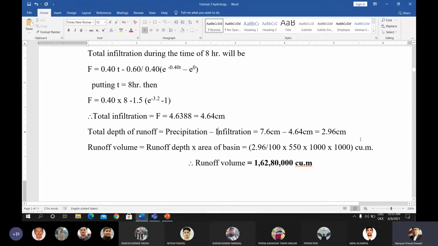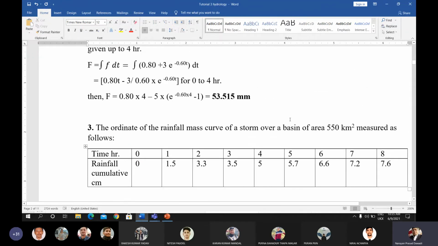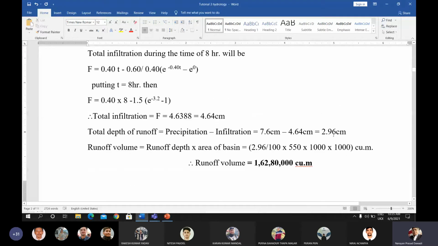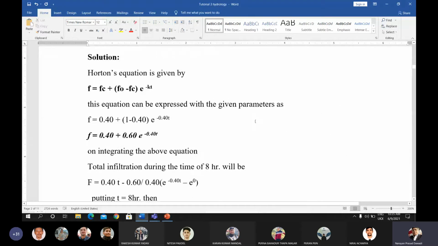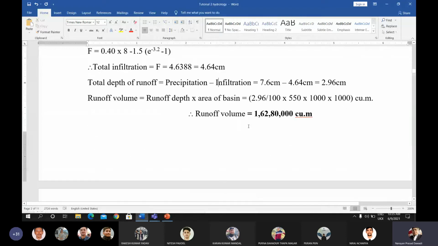This 2.96 centimeter is over the catchment area of 550 square kilometer. Total depth of 2.96 over the 550 square kilometer area produces the volume of runoff as runoff depth into the area of the basin. Runoff depth is worked out in centimeter.